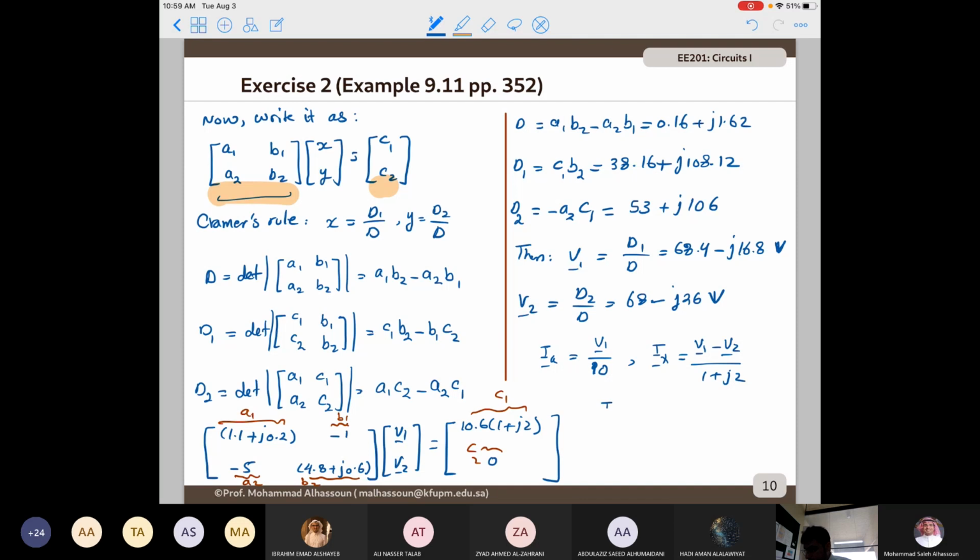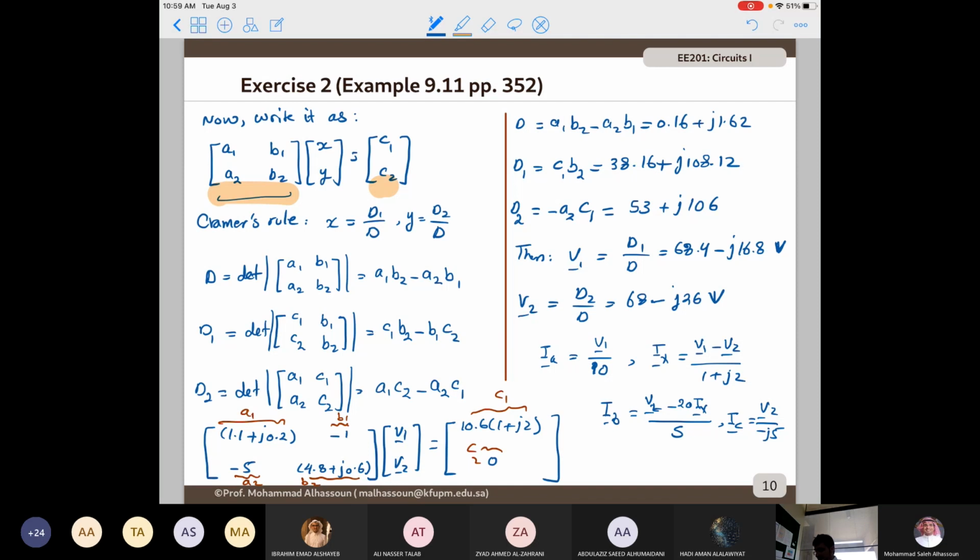If you want their exact numerical values, you will need to refer to the textbook. Okay, any questions, Mohammed?